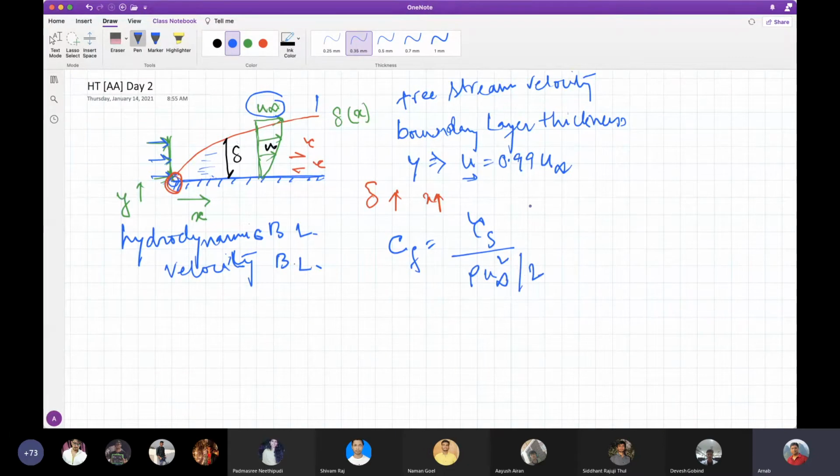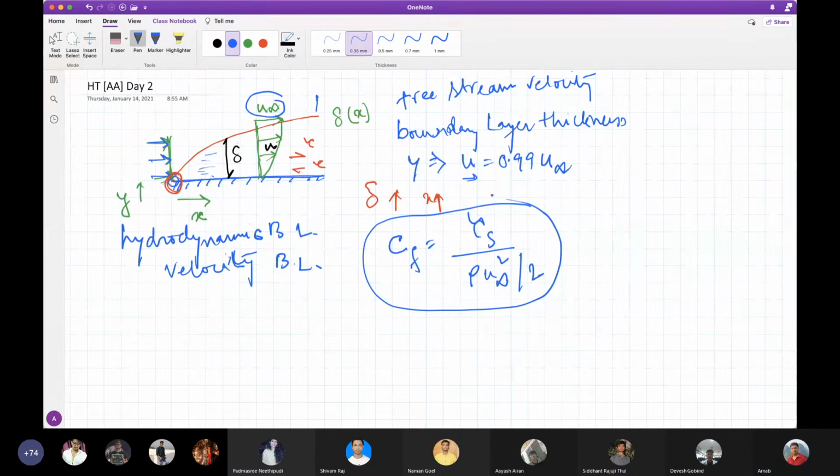Do you remember this equation? This is the local friction coefficient. Is it dimensional or dimensionless? Anyone? Dimensionless quantity.